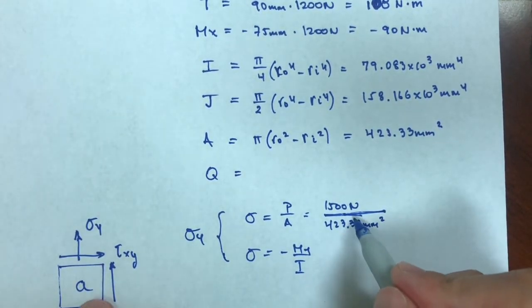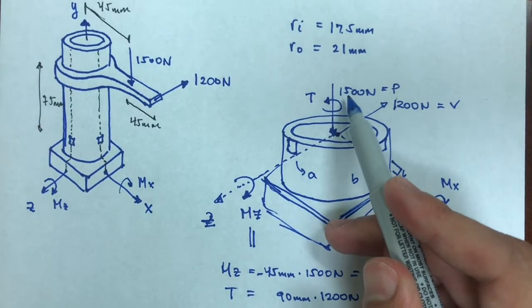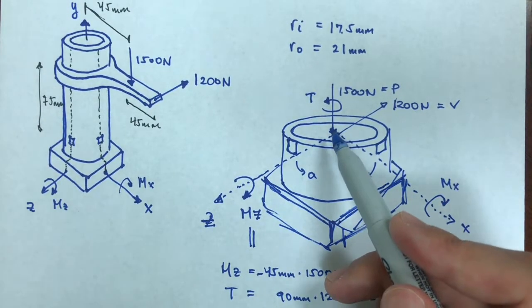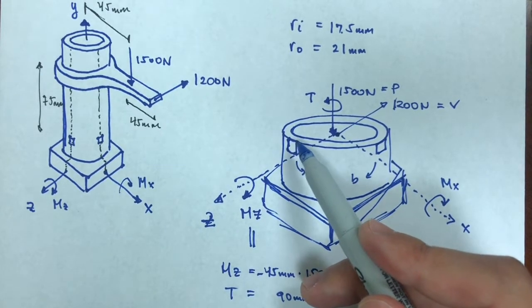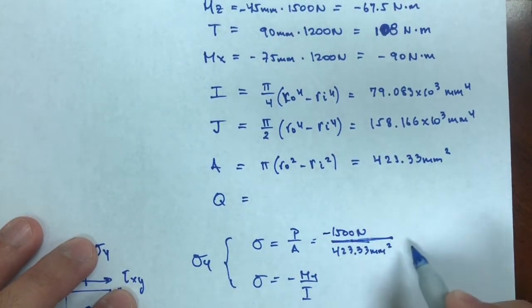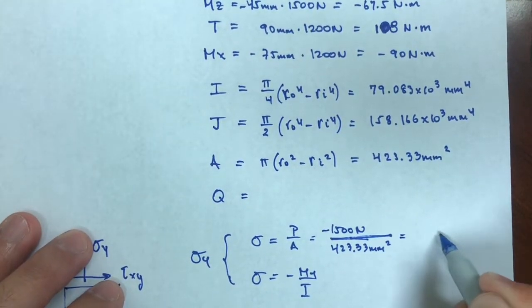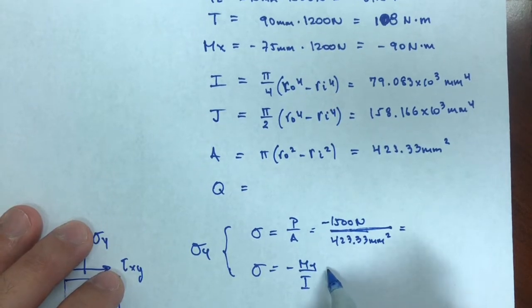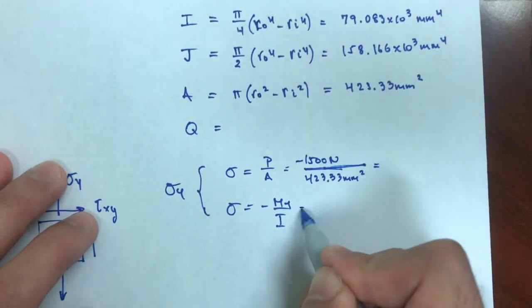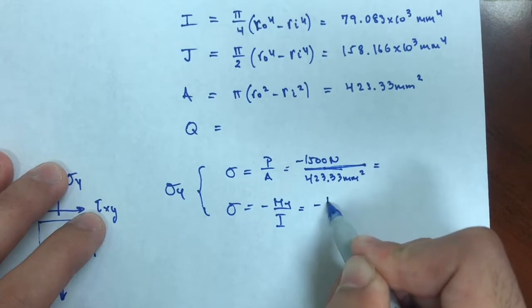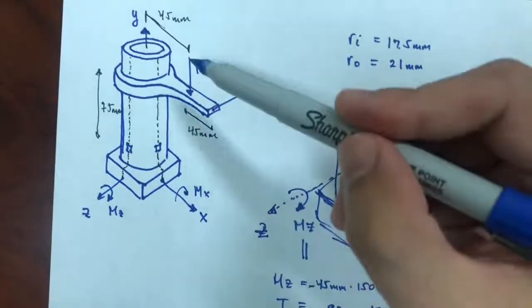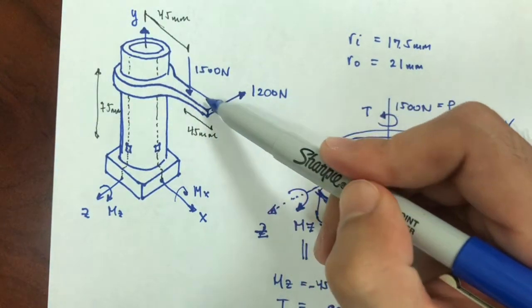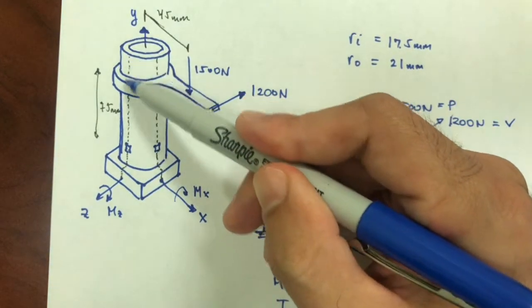And is it a positive or a negative? So this force is going down, or basically the compressive stresses. Compressive stresses are a negative because they're under compression. So there's going to be a negative value, right? Minus whatever. And the bending would be due to M. Again, MZ would make this bend towards this direction, so A would be on the neutral axis.